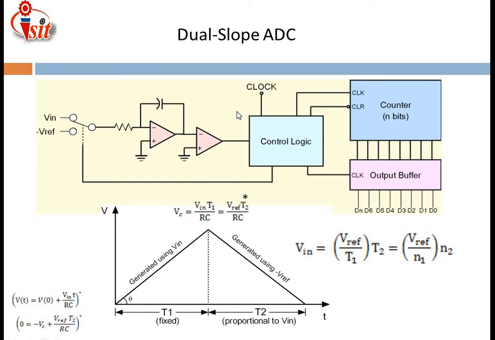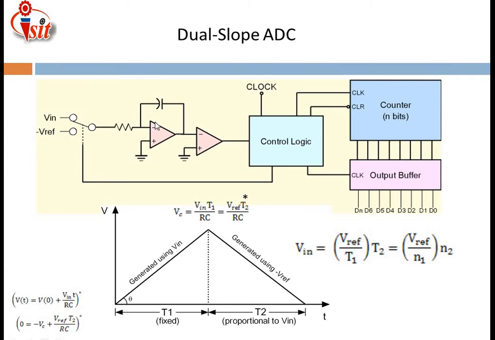Then the dual slope ADC, analog to digital converter. In that, the input voltage and reference voltage, these two input voltages, are applied to the op amp depending upon the necessity. That is, if Vin is required, then Vin is provided, and if V reference is required, then V reference is supplied along with the feedback path of that capacitor.